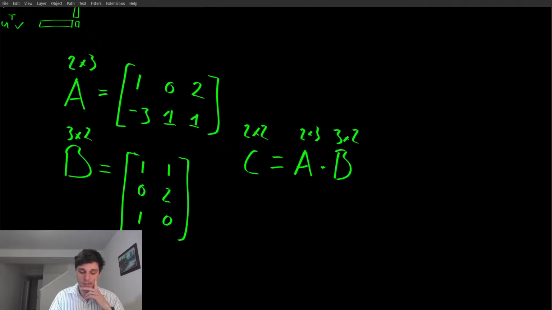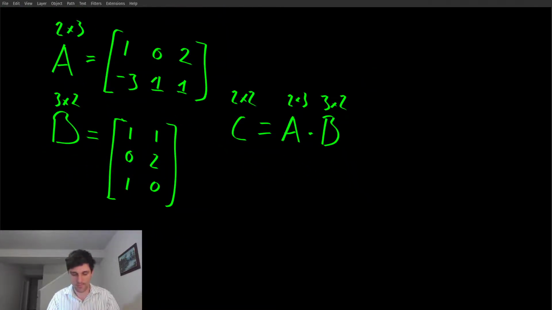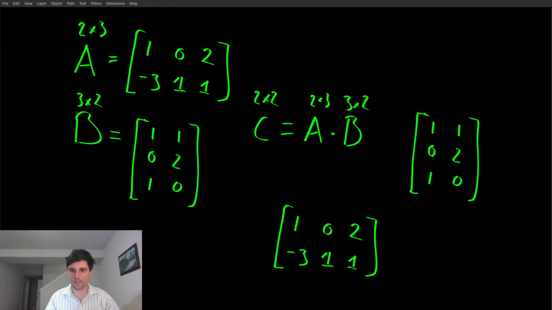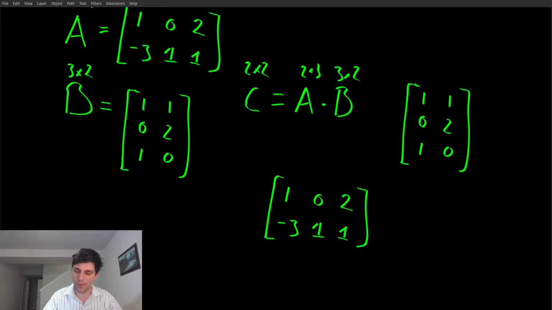So I'm going to set up my little chart here. Let me actually copy and paste. So I moved them over just to make a copy here. Here's A, here's B, and my C matrix is going to be right here.